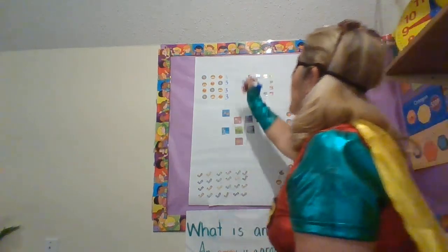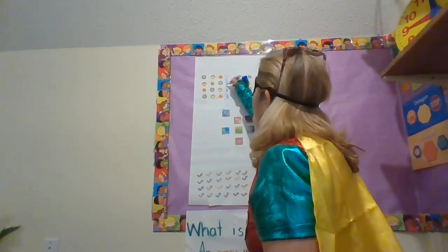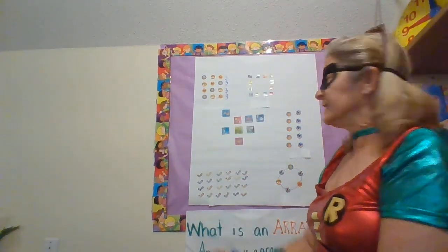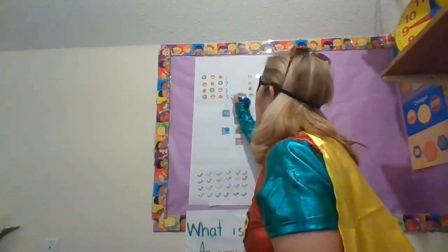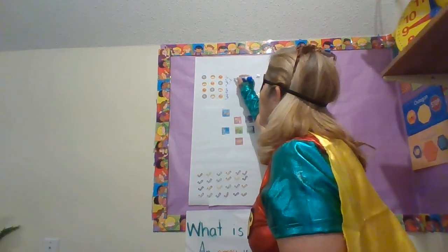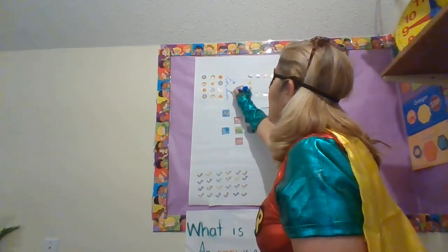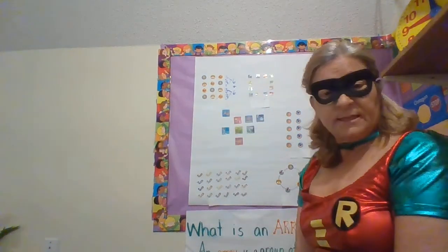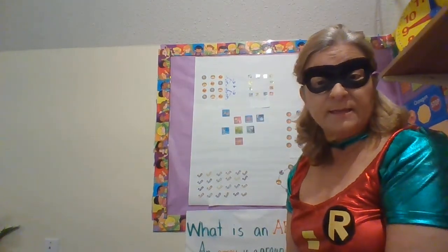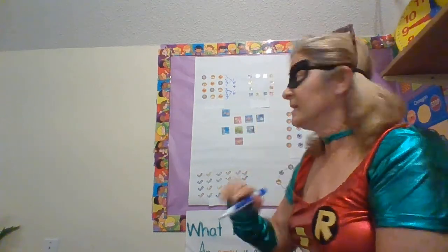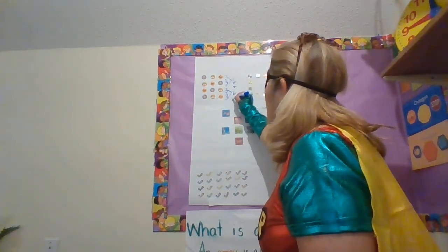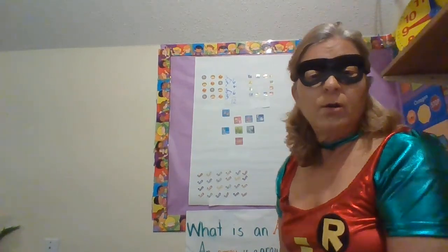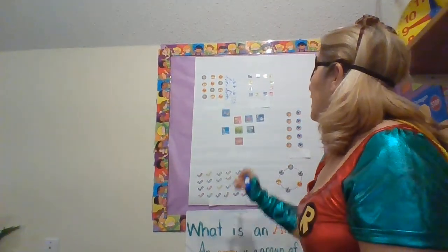If we added all of these together, it's a repeated addition sentence. So we could say 3 plus 3 is 6, and 3 plus 3 is 6, and 6 plus 6 we know is, yes, 12. So in this rectangular array, there are 12 stickers.